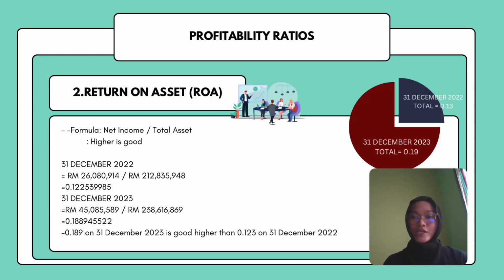The second calculation is the return on assets, ROA. The formula to calculate ROA is net income divided by total assets.